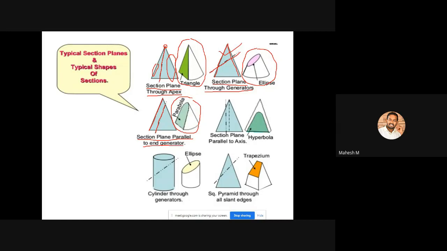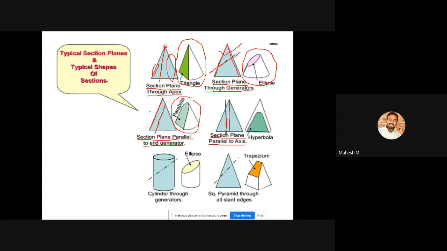Okay, so the fourth condition is that the sectional plane is parallel to the axis. What is meant by axis? This is our axis. So this sectional plane is also parallel to the axis. In these conditions, they will provide the distance value from the generator.